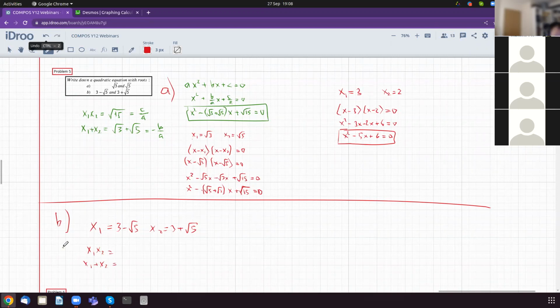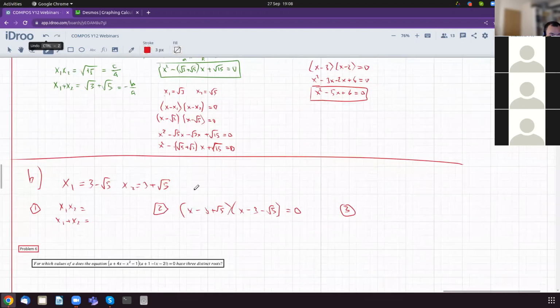Or method 2: you can do (x minus 3 plus square root of 5)(x minus 3 minus square root of 5). If you expand that, you'll get a quadratic equation. But there's a third method, which is probably the most elegant.